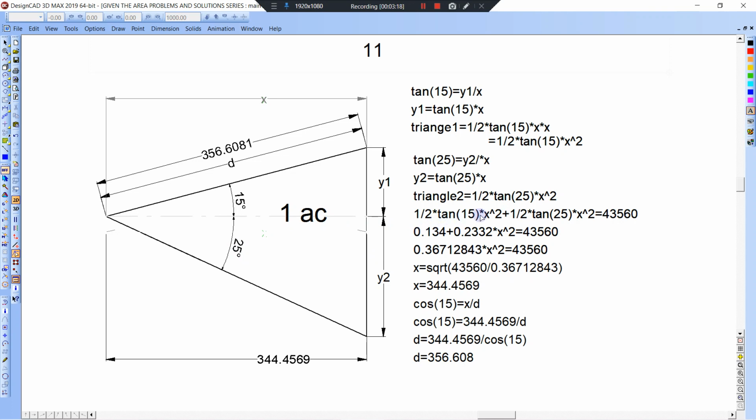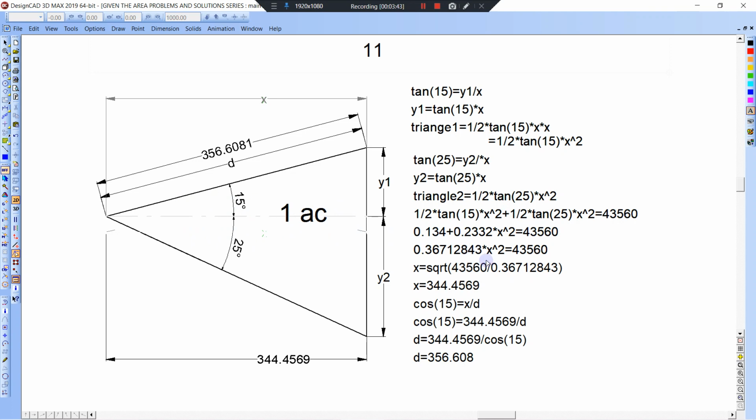One half tangent of this plus this, since these are like terms, x squared, we can just add those together. One half times tangent of 15 plus tangent of 25, and that's what I did here, times x squared is equal to 43,560, which is 1 acre in square feet. That's the result we want, in feet.